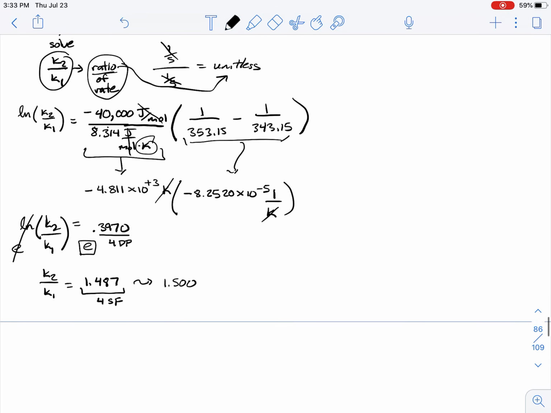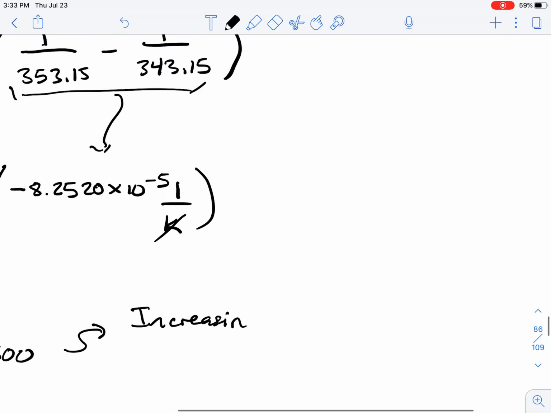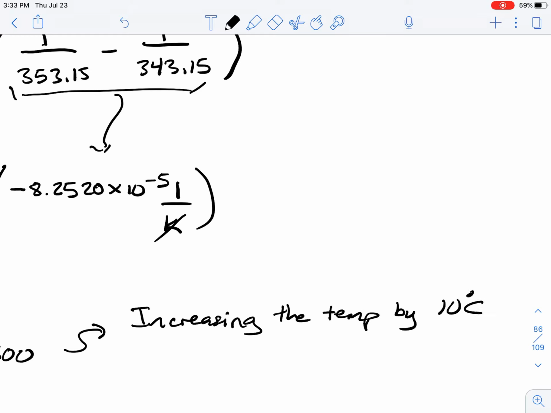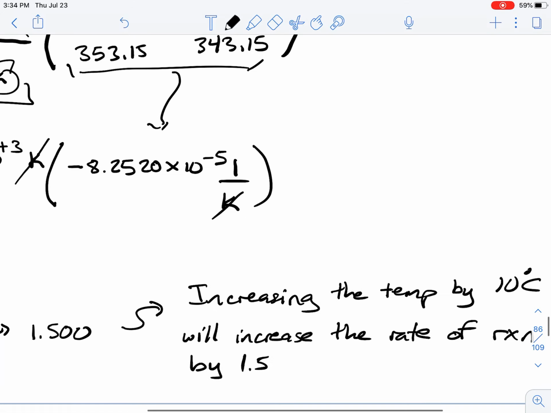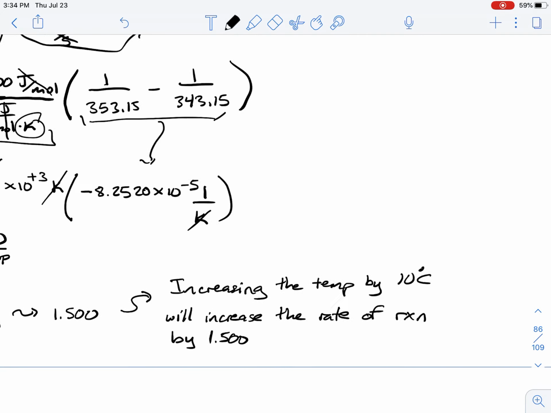And so you can answer the question by saying, increasing the temperature by 10 degrees Celsius will increase the rate of reaction by 1.5. And that's it.